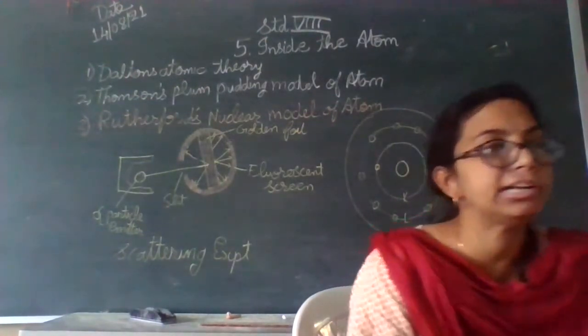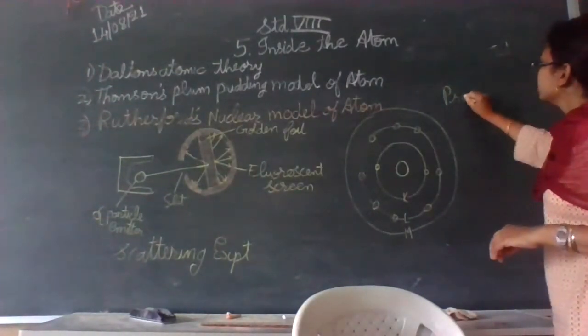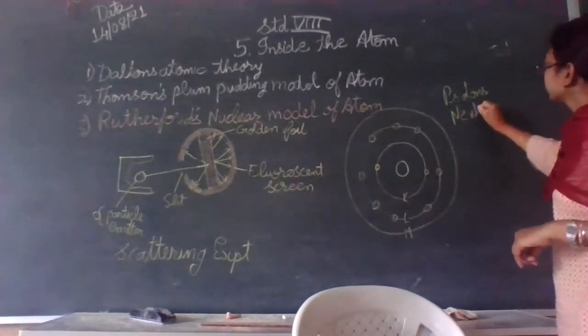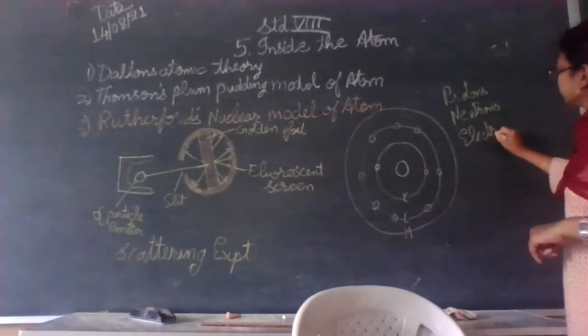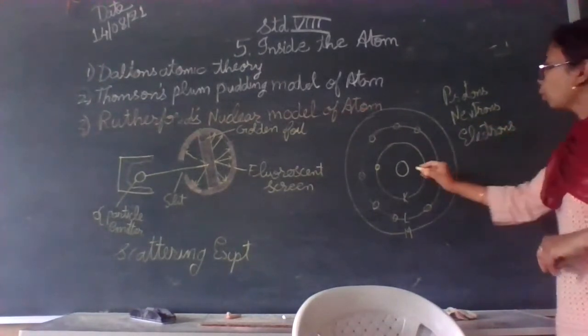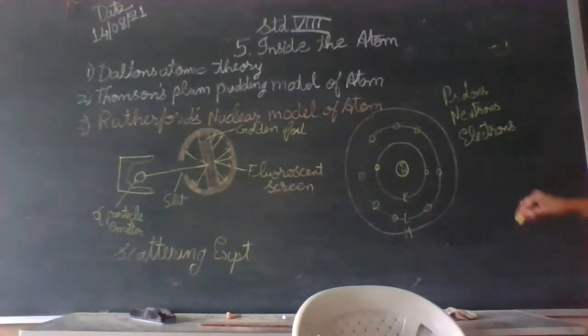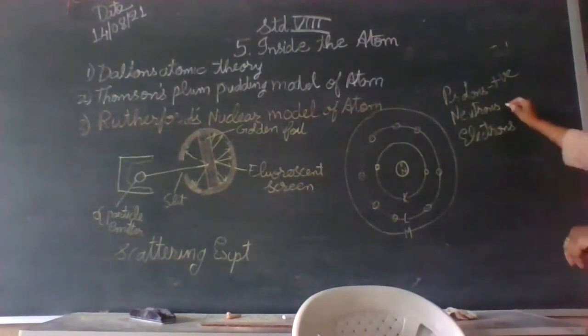So inside an atom, there are 3 particles: protons, neutrons, and electrons. Protons and neutrons are present in the nucleus. Protons are positively charged. Neutrons do not have any charge.